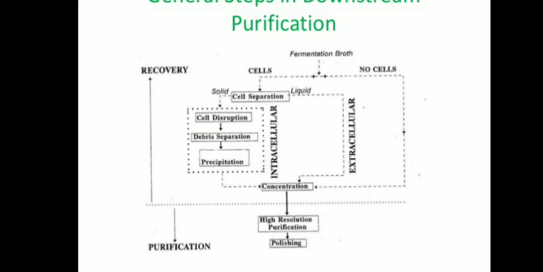First, whenever the process is completed, the cells are separated from the fermentation broth. After the cell separation, if the product is intracellular, then cell disruption is required, the breakdown of the cell is required, and after the breakdown of the cell, debris separation is carried out with the help of precipitation, and then the purification process is carried out.